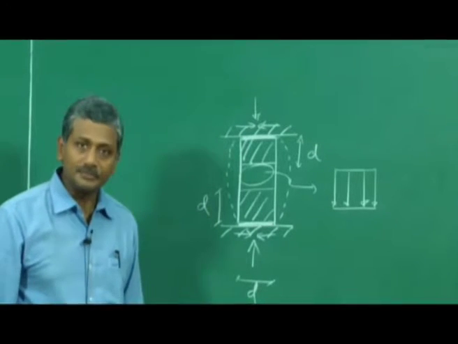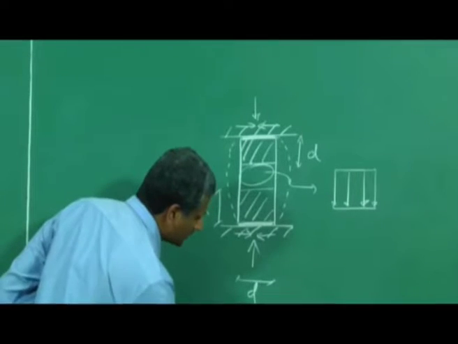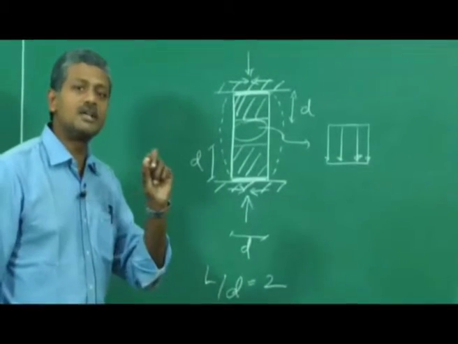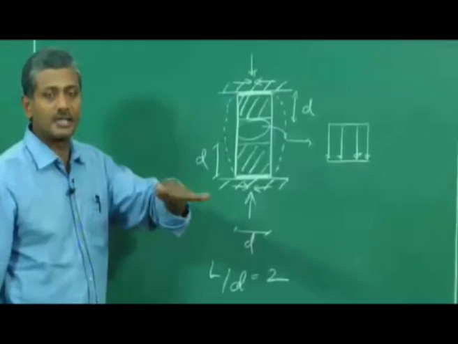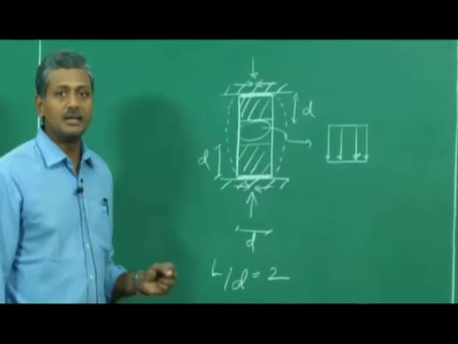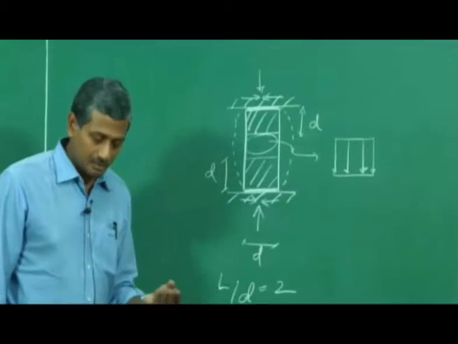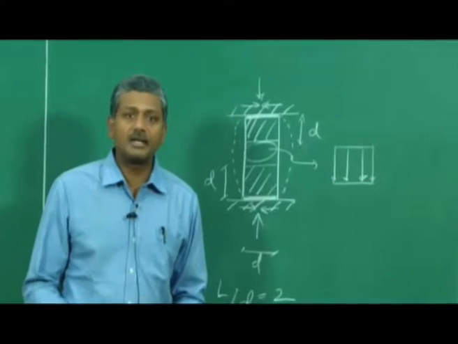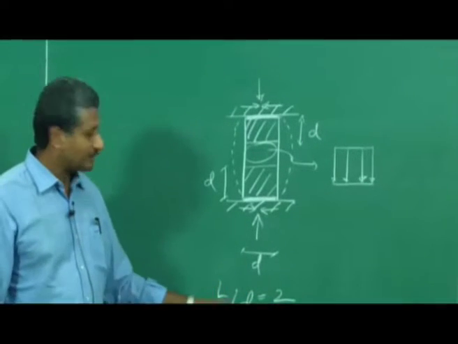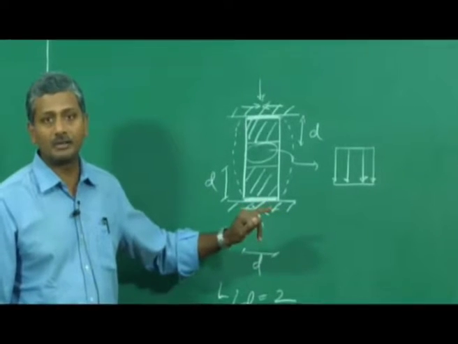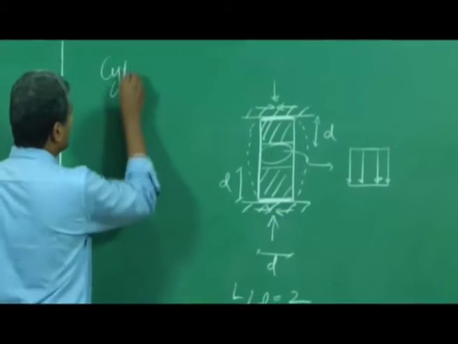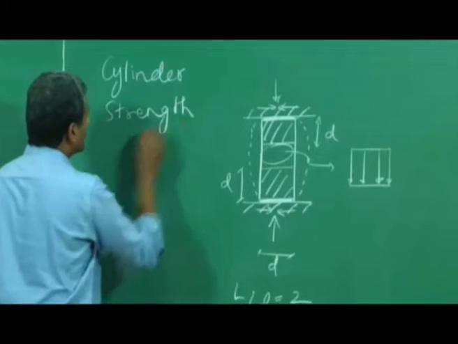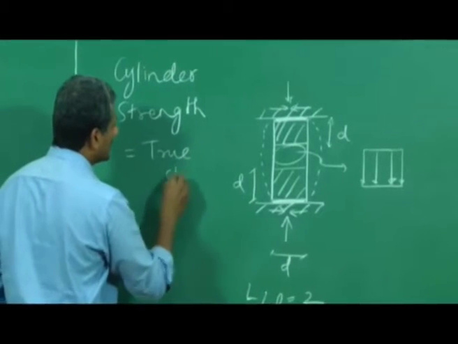So in a cylinder, because the L by D is always equal to 2, there is at least a very small zone right at the central portion of the cylinder where you have perfect compression, where the friction effects from the ends do not make any difference at all. What does that mean? That means that my specimen will now fail at the true compressive strength of the material. So cylinder strength is the true strength of the material.